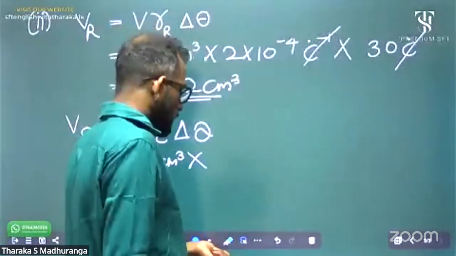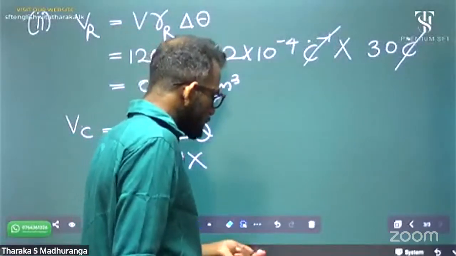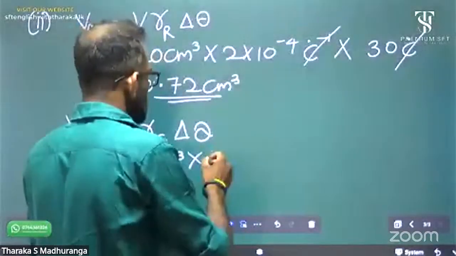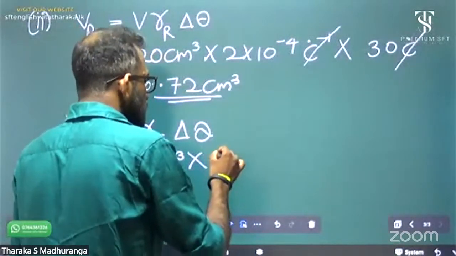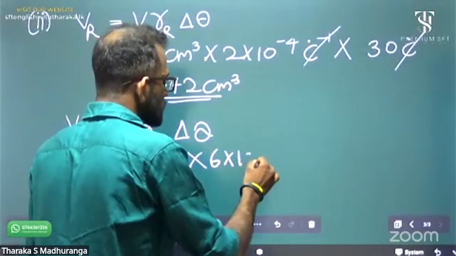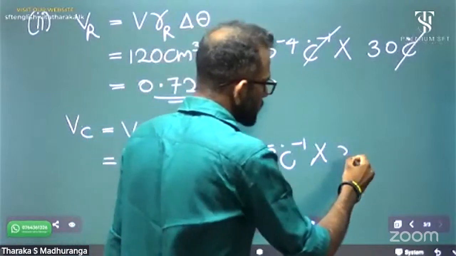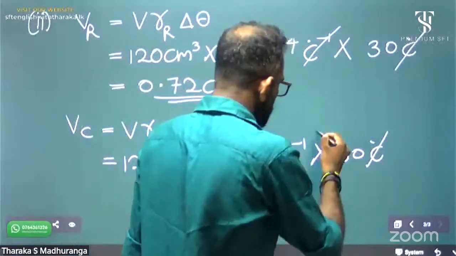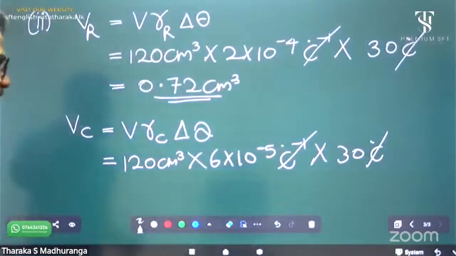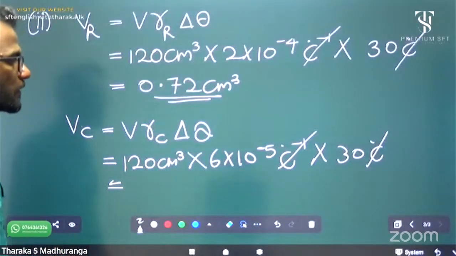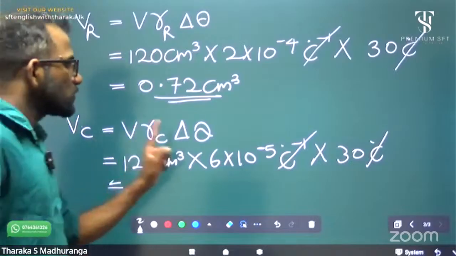The value 2 into 10 to the power minus 5 converts into 6 into 10 to the power minus 5 per Celsius. The temperature difference is 30 Celsius. Celsius and per Celsius cancel out. I need 120 into 6 into 30.